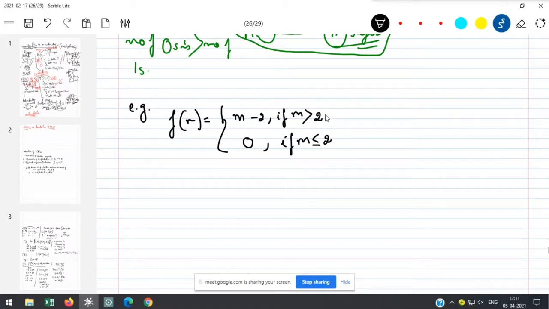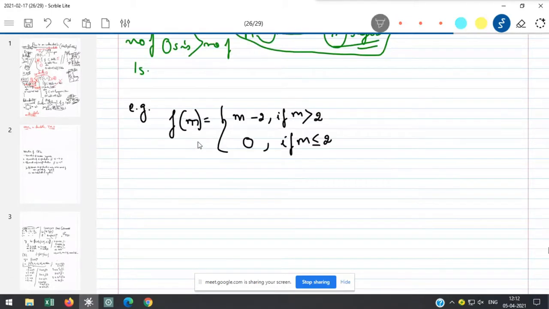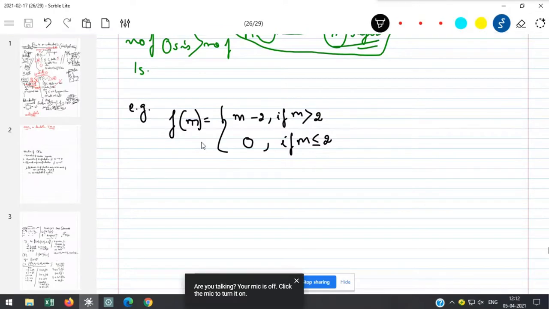I have considered a function f of m where, if the value of m is greater than 2, the resultant will be m minus 2, and if the value of m is less than or equal to 2, the result is going to be 0. This is the function I have considered in order to design a Turing machine.